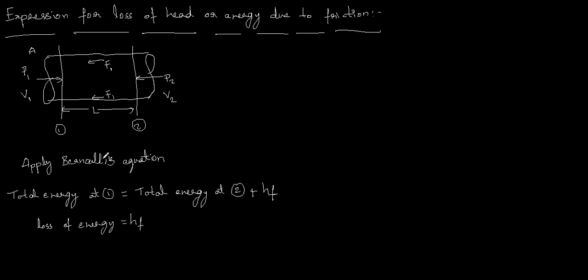So according to Bernoulli's equation we can write the total energy at section 1 is equal to the total energy at section 2 plus the amount of loss we got as the fluid flows from 1 to 2.